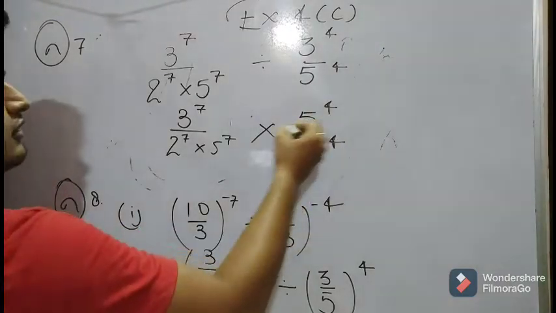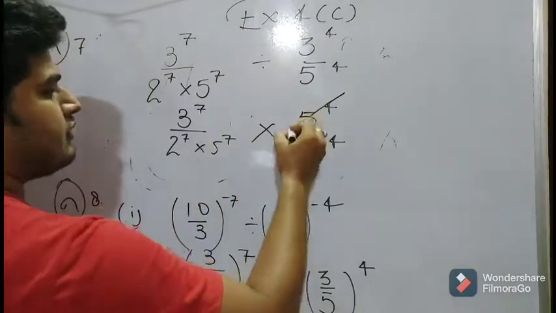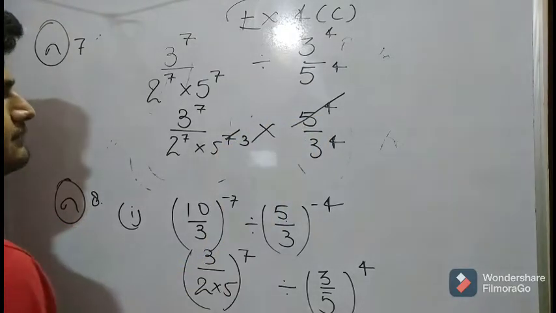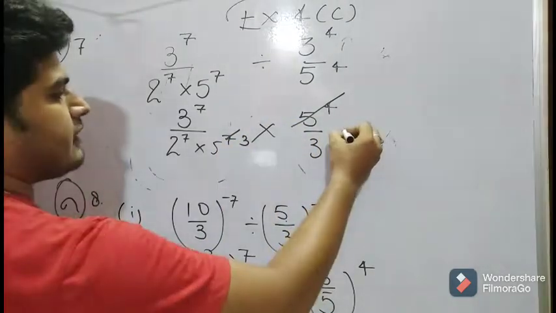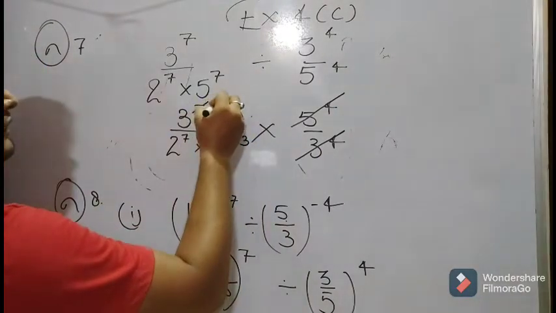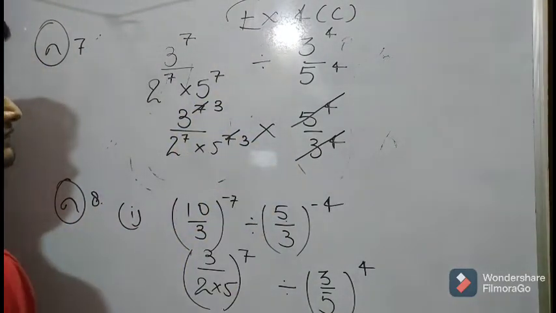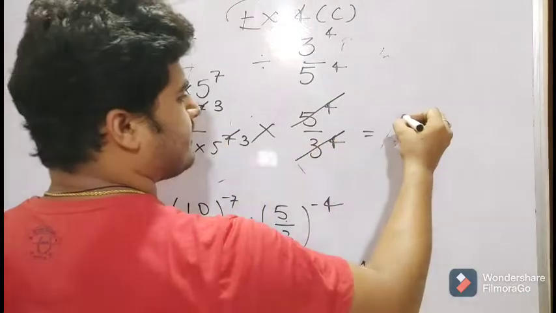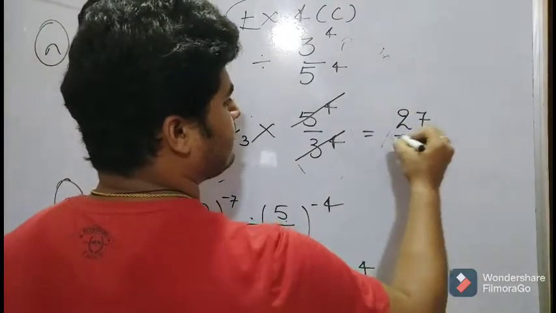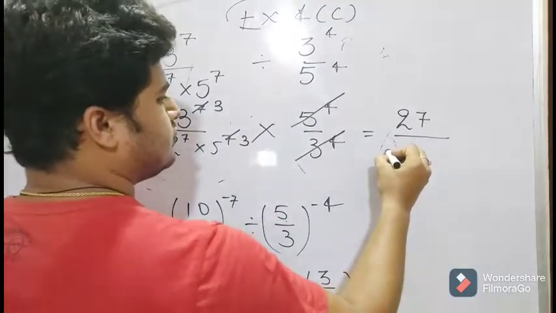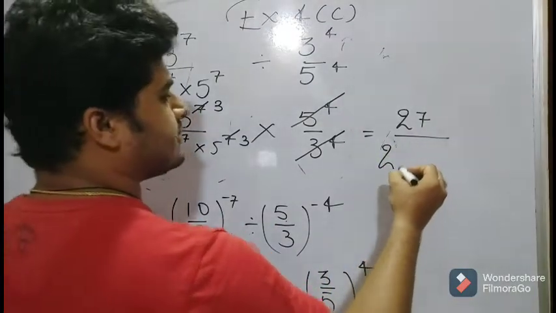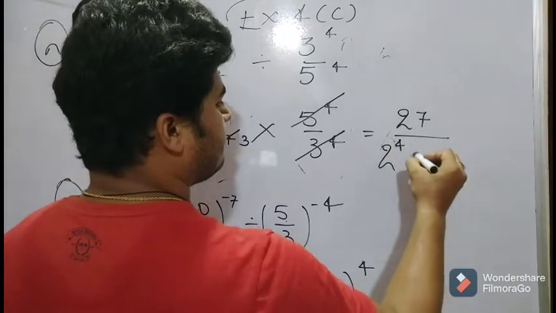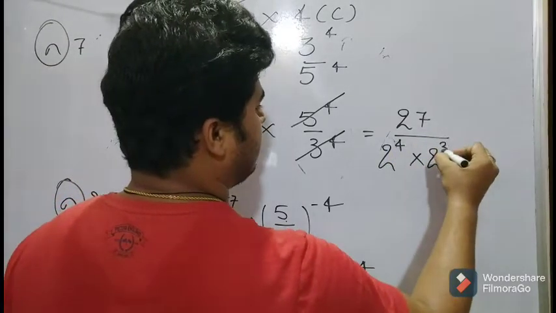Now this 5 to the power 4 and this 5 to the power 7 will make it 5 to the power 3, because in division the powers get subtracted, and this 3 to the power 4 and 3 to the power 7 will make it 3 to the power 3, because again in division the powers get subtracted. So 3 to the power 3 is 27 upon 2 to the power 7, which can be written as 2 to the power 4 multiplied by 2 to the power 3.